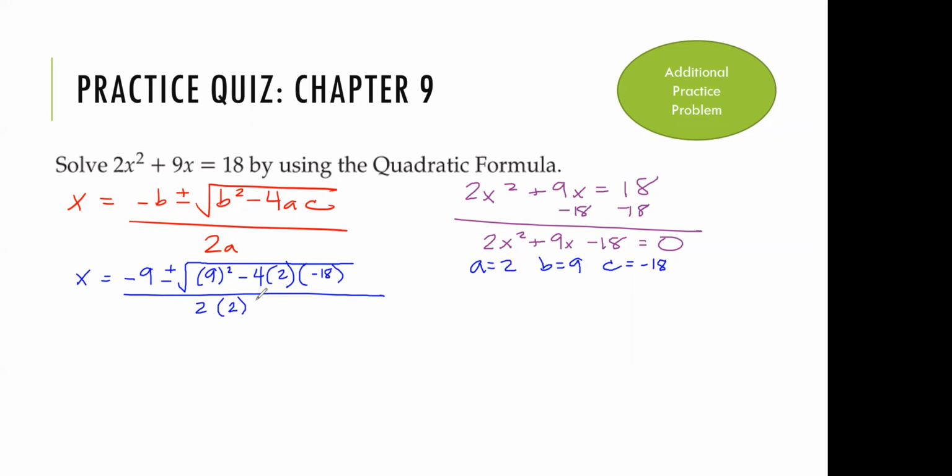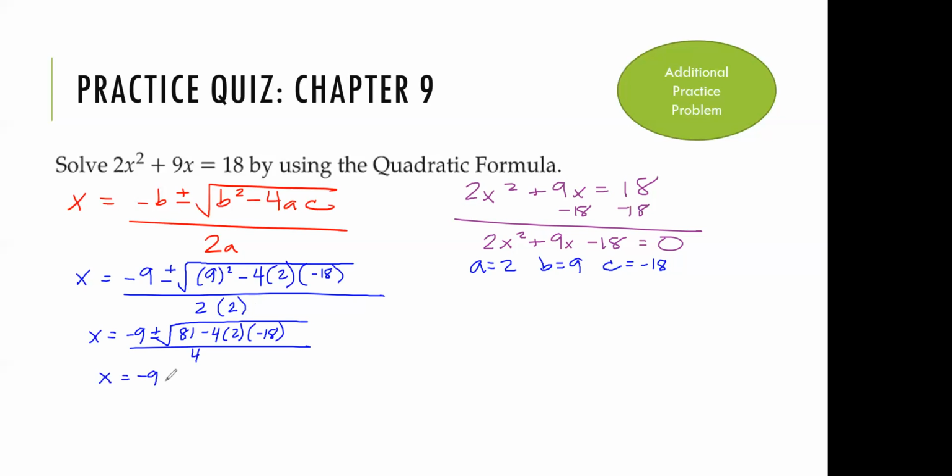I'm going to follow my order of operations here and simplify. I'm going to do exponents first. So this would be 9 squared, which is 81, minus 4 times 2 times negative 18. And then 2 times 2 is 4.